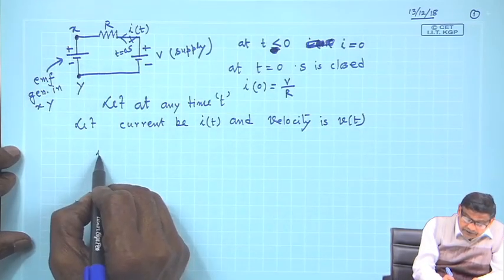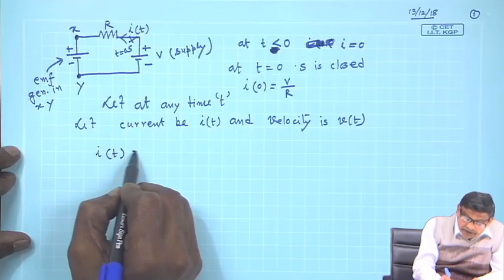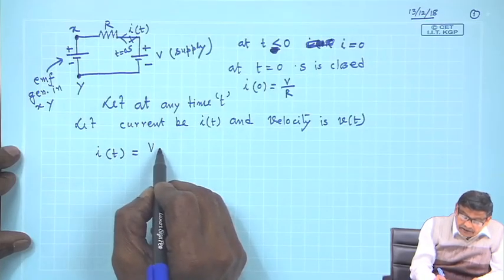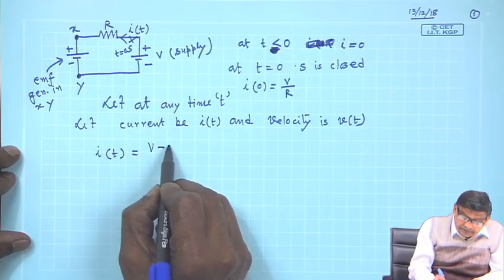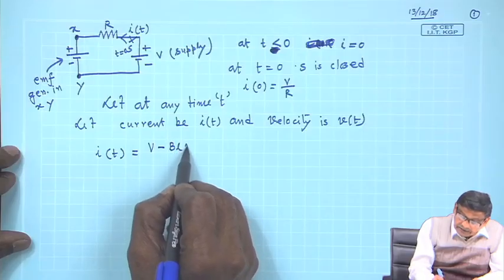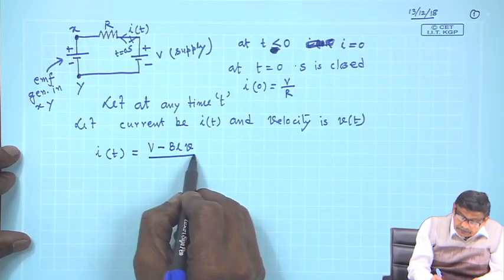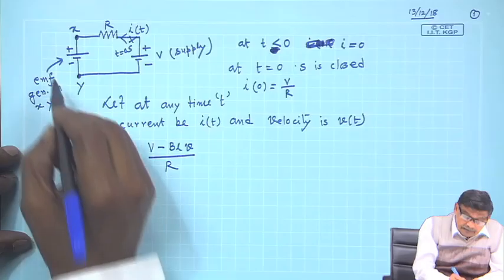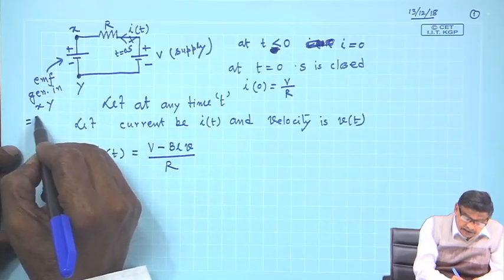Therefore, the expression of the current will be (V minus B L v) divided by R. This EMF is equal to B L v.